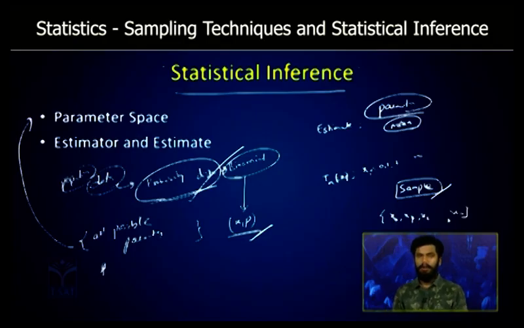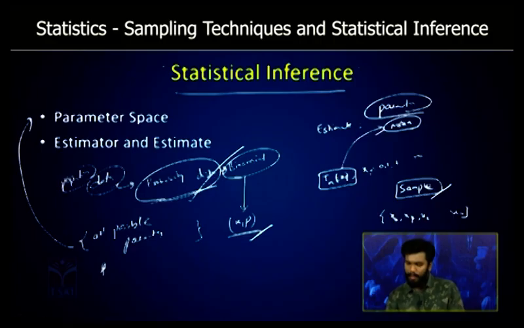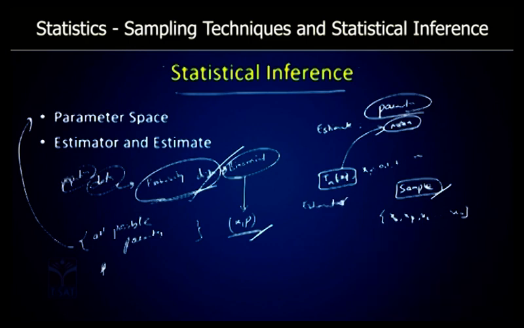That is a function on the whole sample. Using this function, we estimate our mean. This function is called an estimator. Each and every value that the estimator takes is called an estimate.